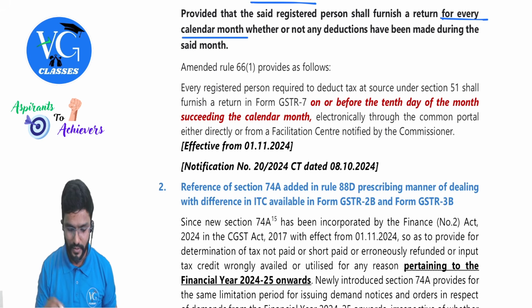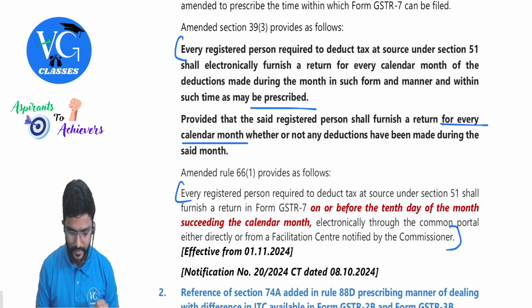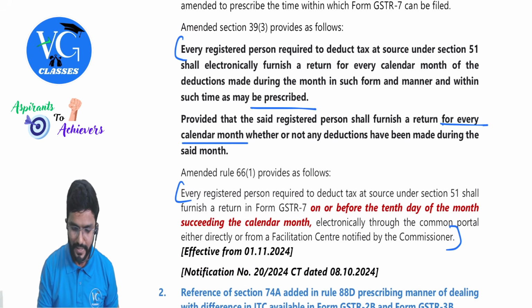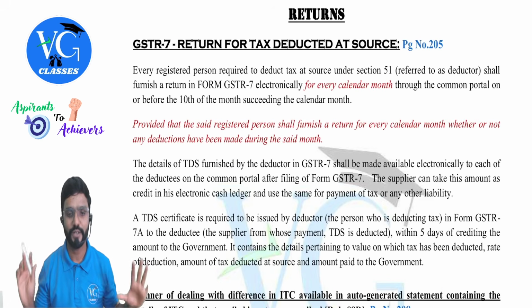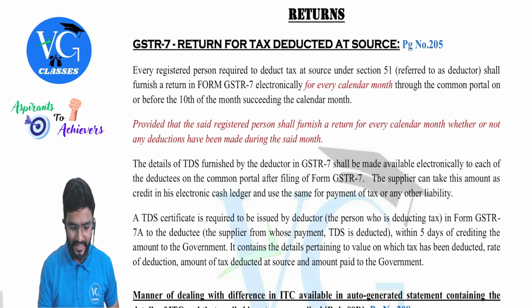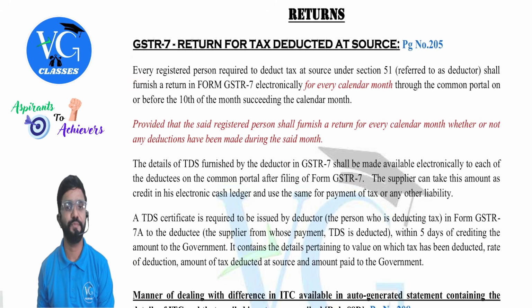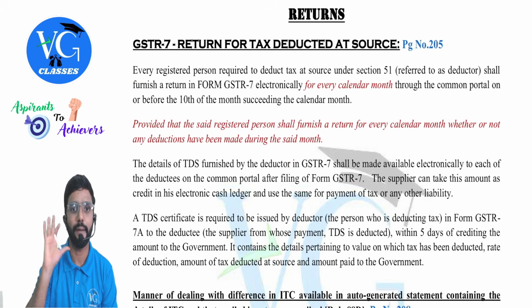That's all. So these two paragraphs are what is important. Or else from year to year you can just mark. Or else you can just refer to whatever I have given here. These two paragraphs, guys, that's all. And I have highlighted the amendment in red.